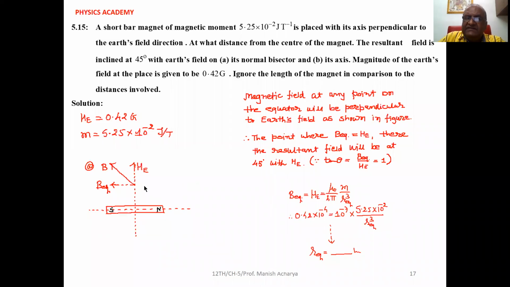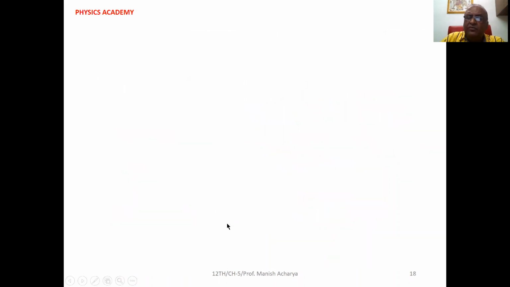Now, in a similar way, we have to find the position on the axis where the resultant magnetic field is at 45° with Earth's horizontal field. Suppose at this particular point, the resultant magnetic field is at 45° with He.